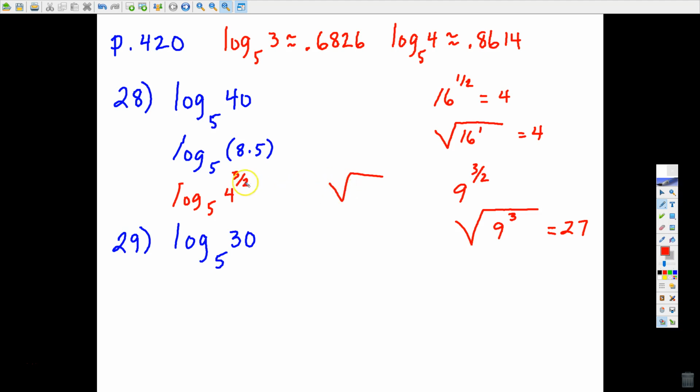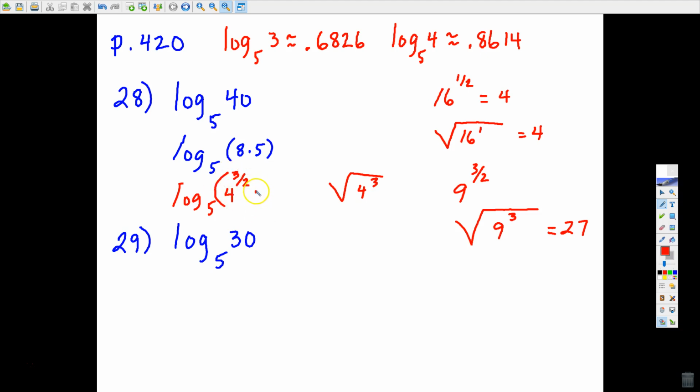If we just broke this up into 2 parts, we'd do the square root of 4, which is 2. 2 to the 3rd power is 8. So we found another creative way of expressing 8 using the given number 4 and raising it to a power. We'll come back to that in just a second.